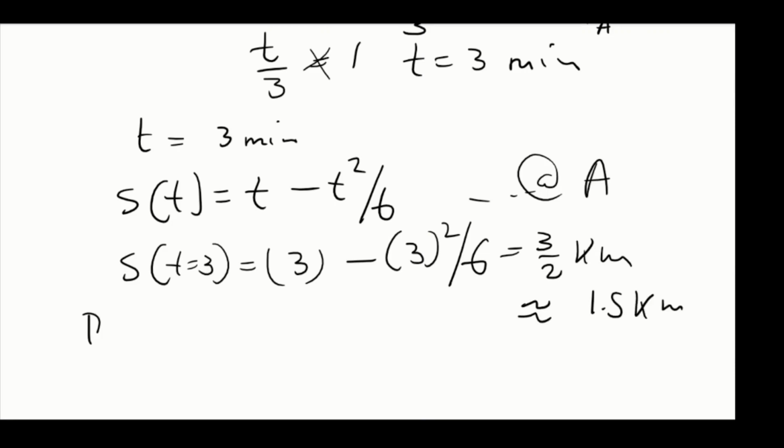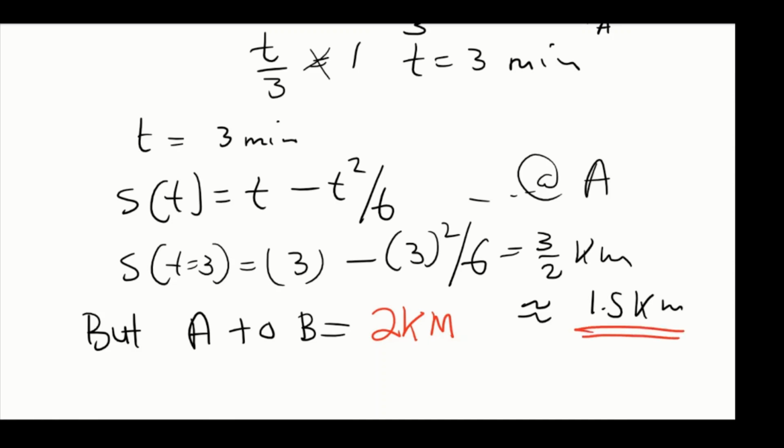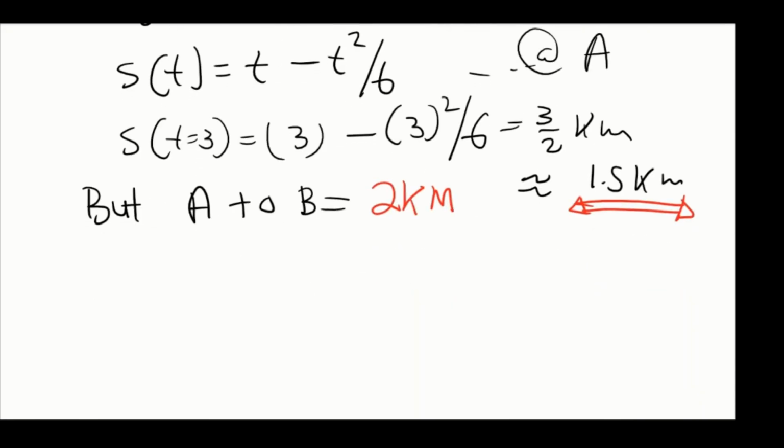But you need to remember that the distance from point A to point B, which was initially given, is 2 kilometers, which means it takes 2 kilometers to move from point A to point B. But this bus is only going to be able to travel 1.5 kilometers. So this basically tells us that the bus won't be able to reach point B, as the diesel leaks too much.